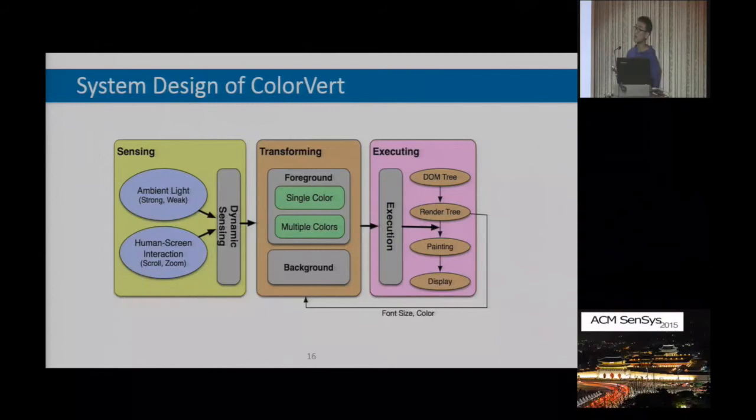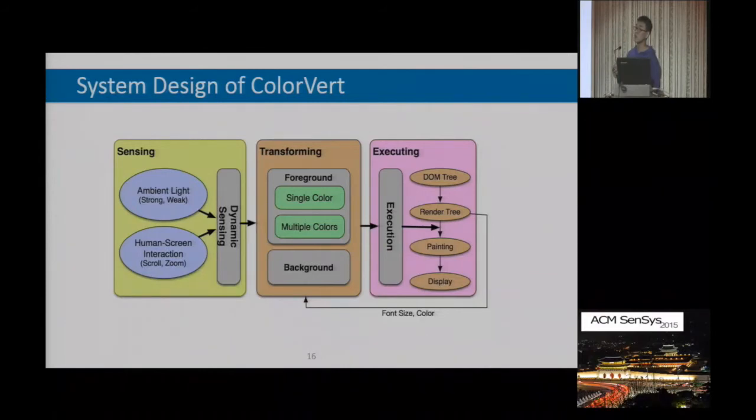In the transforming part, the unit will choose the proper algorithm according to the light information passed by the sensing part, and then it will calculate the new color pair and pass it to the final part. The final part, the executing unit, will use this new color pair to replace the original color pair, and the improved user-friendly web page will unfold to our eyes.